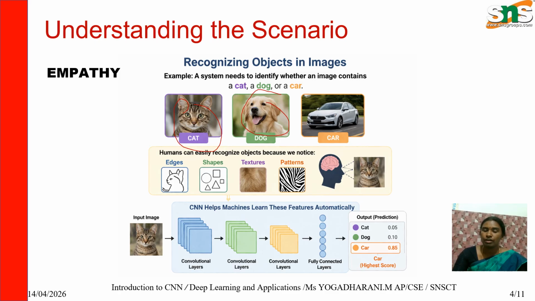A normal neural network, that is a fully connected network, handles this by taking the entire input as a flattened vector and processing it through multiple layers. But this leads to a huge number of parameters, high computations, and loss of spatial information. So this is where CNN comes into the picture.